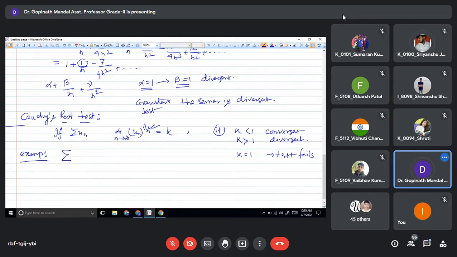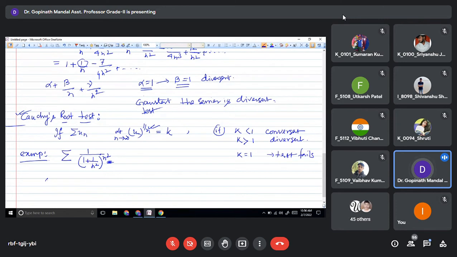Now, sir, example: consider the series summation of 1 by (1 plus 1 by n) to the power n square. Actually, when the series is of the form something to the power n square, to the power n, this type of series, then in that case we apply Cauchy's root test.